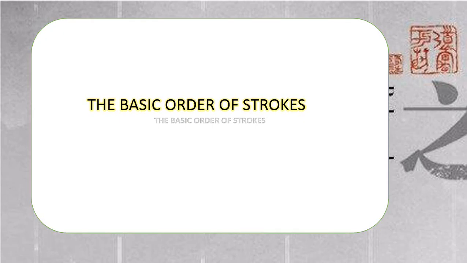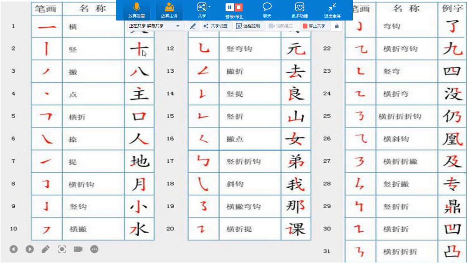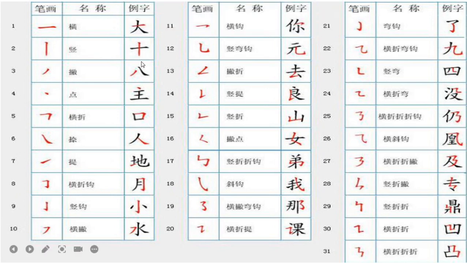Okay, do you remember just now when we write 十, okay, this one. We write the 横, 横 precedes 竖. The first is 横, the second is 竖. So 横 precedes 竖.